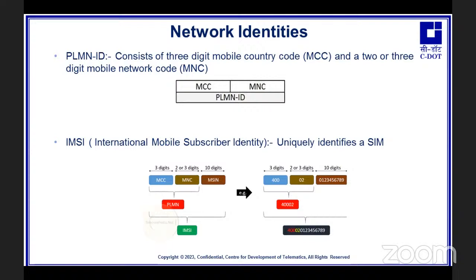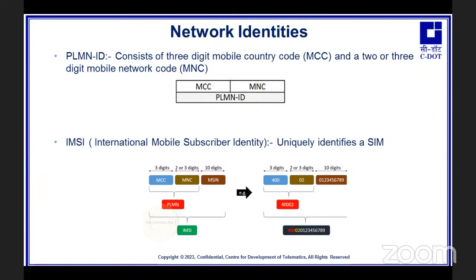Both combined. So MCC is 3 digits, and MNC will be 2 digits, or maybe 3 digits also. So this is the PLMN ID. IMSI means International Mobile Subscriber Identity.